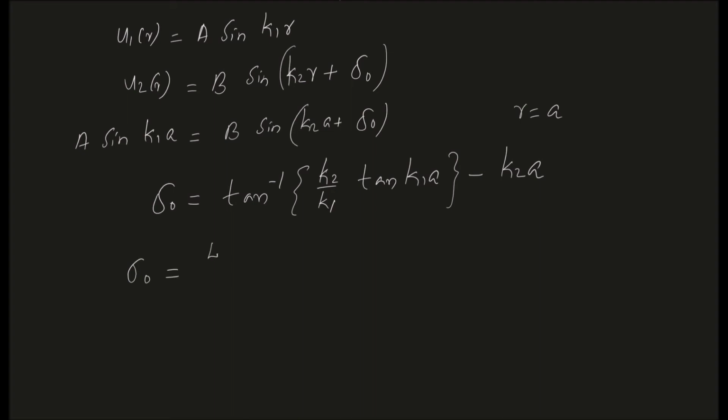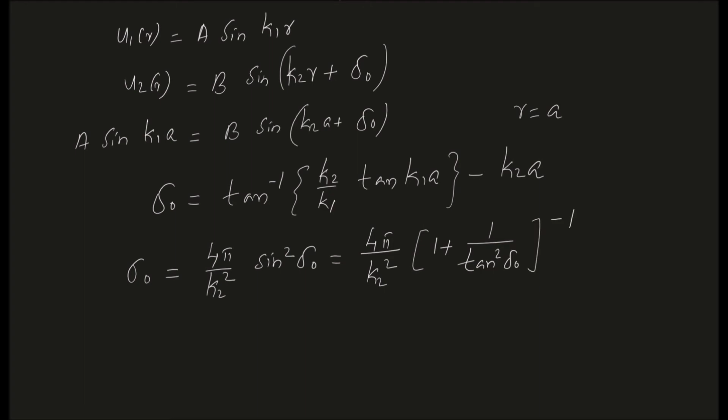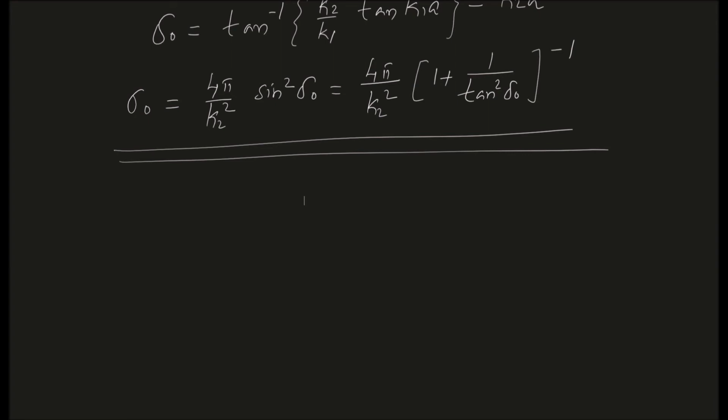So this is approximately given by 4 pi by k2 square, for r greater than a, sine square delta 0. So putting the value of delta 0, you can write it as 4 pi by k2 square into 1 plus 1 by tan square delta 0 inverse. So this is the expression for the scattering cross section for S wave scattering.